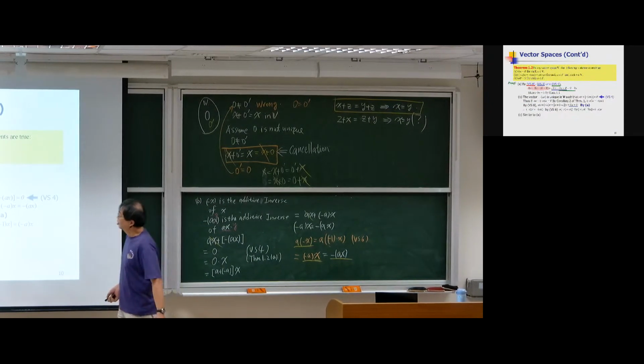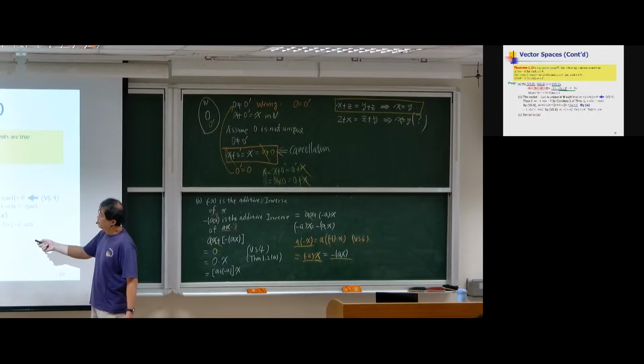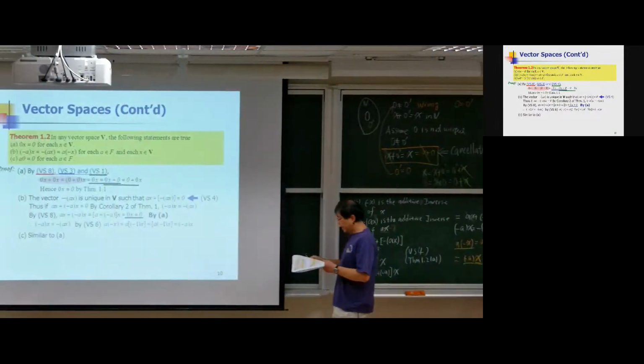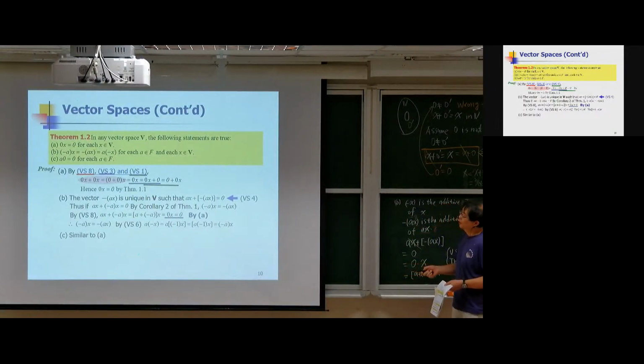And next, we will prove a times 0 equals 0. And the proof is similar to A. So here, we define a times 0, because we need to prove that a times 0 equals 0.